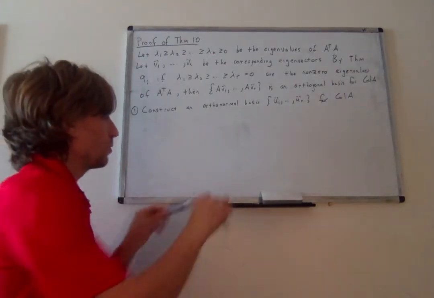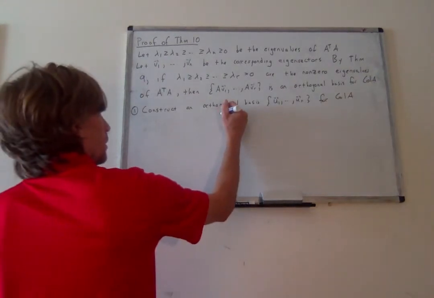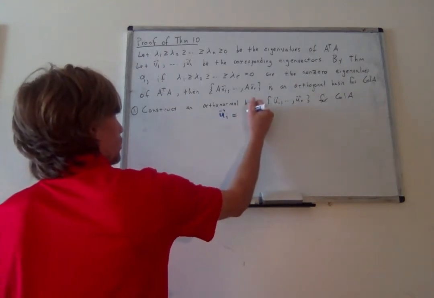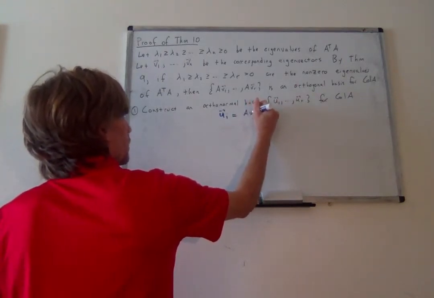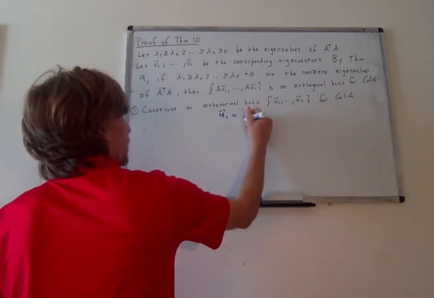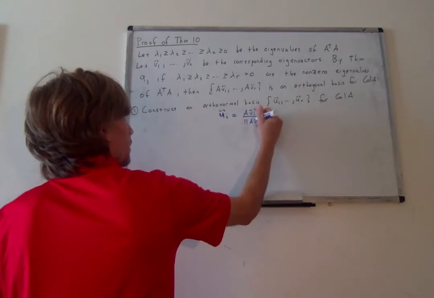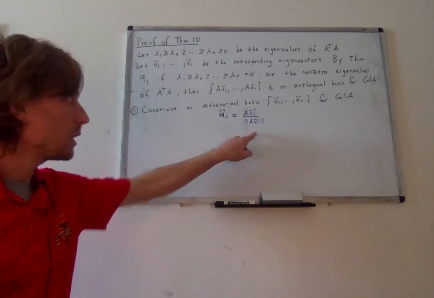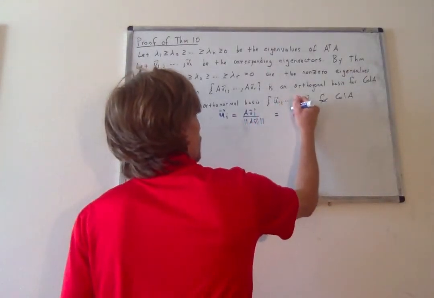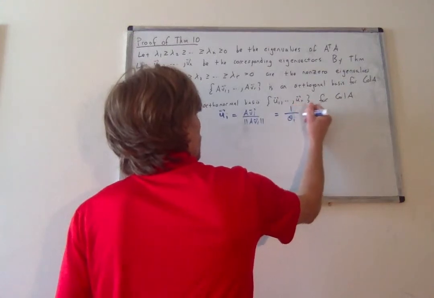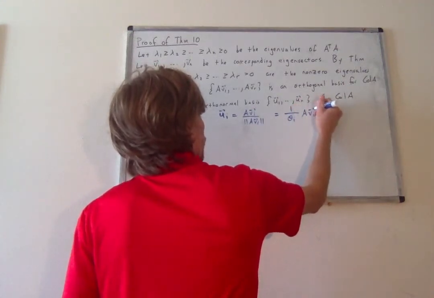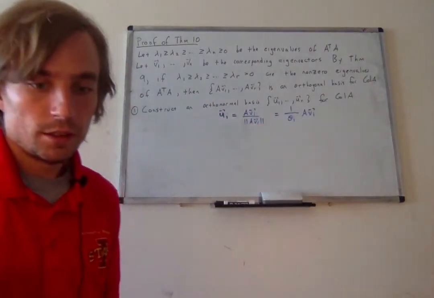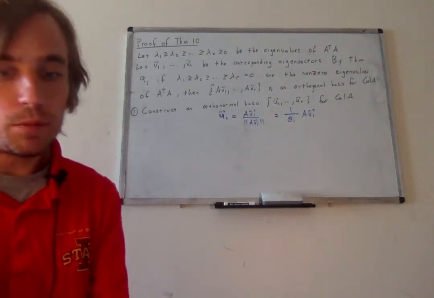And so notice, doing so in this way, for each vector in this orthonormal basis, this vector is just equal to A times Vi divided by the length of A times Vi. But remember, the length of A times Vi is just equal to the ith singular value of A. So in this orthonormal basis, each ui is just equal to the vector A times Vi divided by sigma i. So keep that in mind.